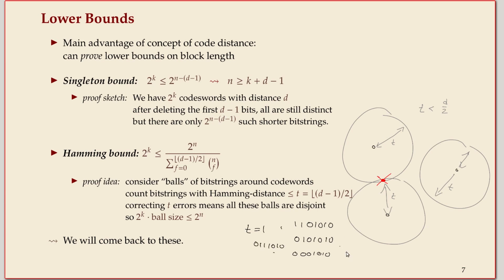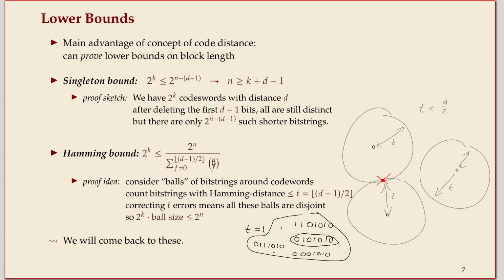For each position that I can flip, there would be an entry in this ball around this center point. It won't really look like a ball. It's a high-dimensional thing and it's discrete, so it's a little nasty. But it turns out you can count how big these balls are.